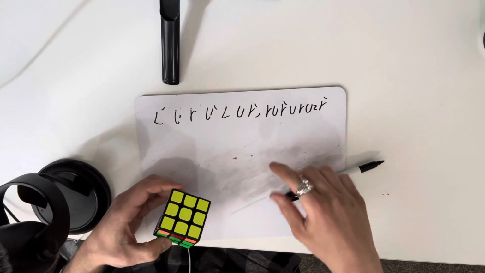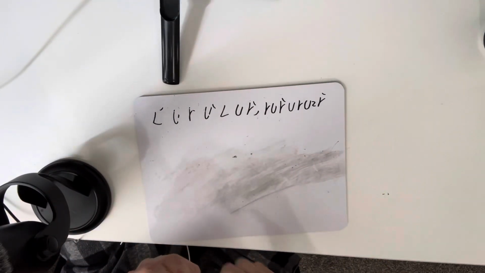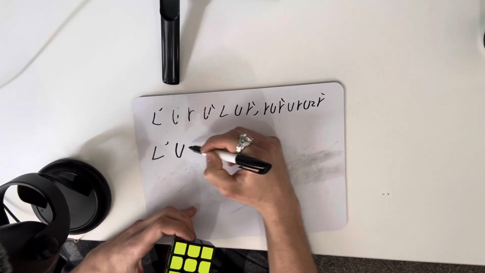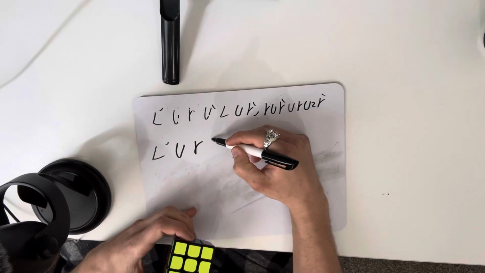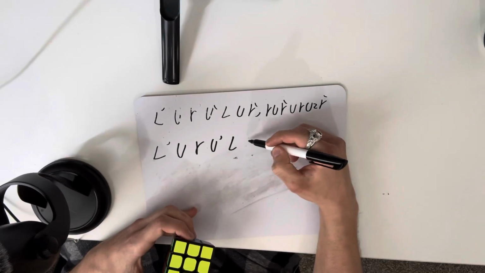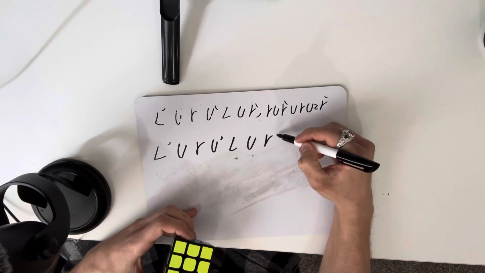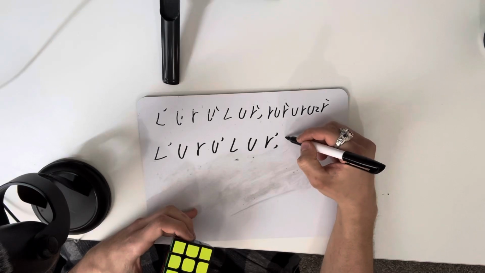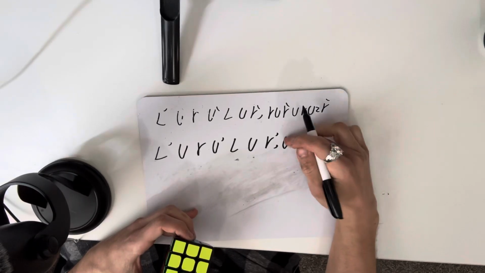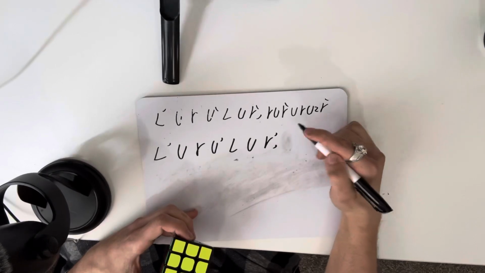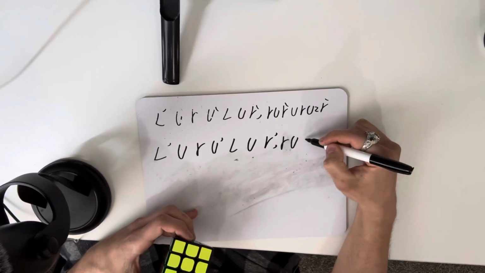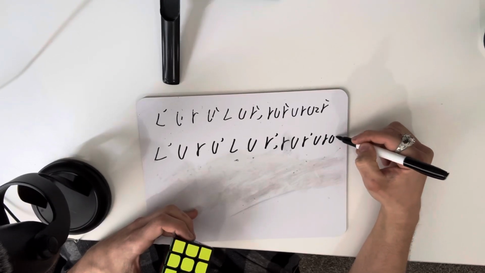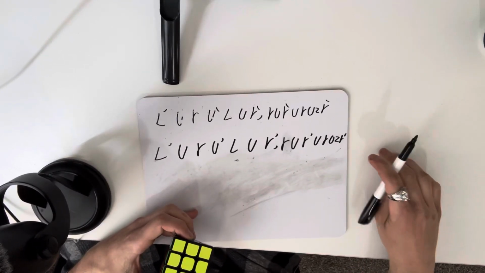So this algorithm here, I can write it down a lot nicer. L prime, U, R, U prime, L, U, R prime. And then you just do the same one we did on the front for the fish. U, R, U, R prime, U, R, U2, R prime.